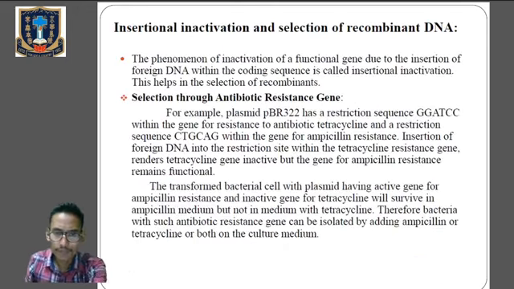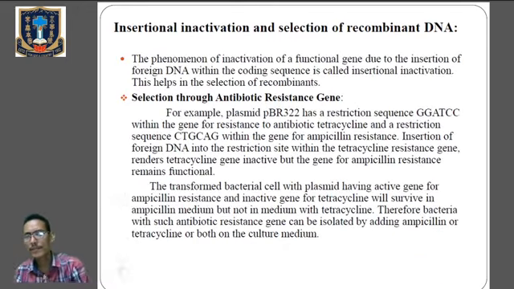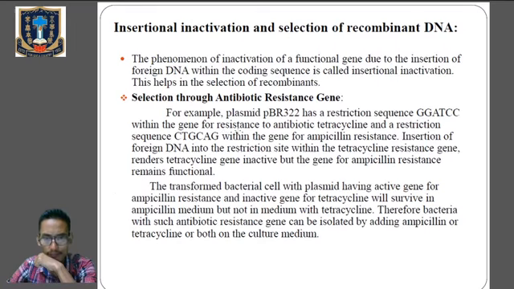Plasmid pBR322 has a restriction sequence GGATCC within the gene for resistance to the antibiotic tetracycline. So pBR322 has resistance to the antibiotic tetracycline.